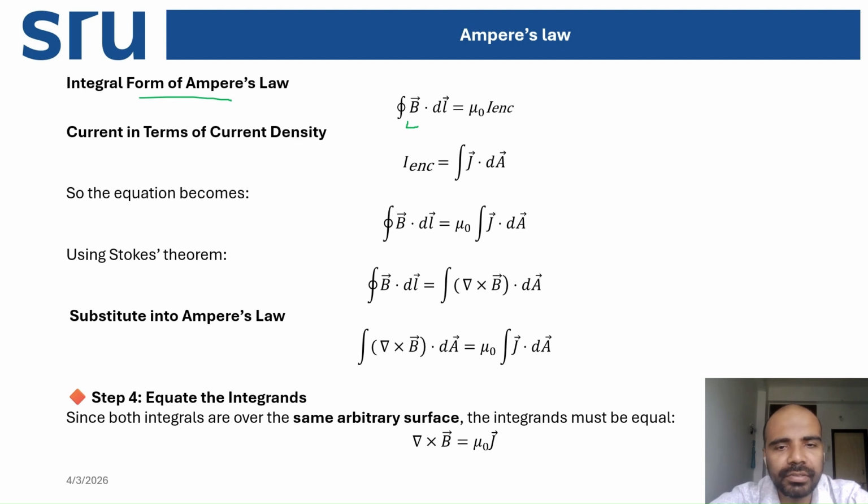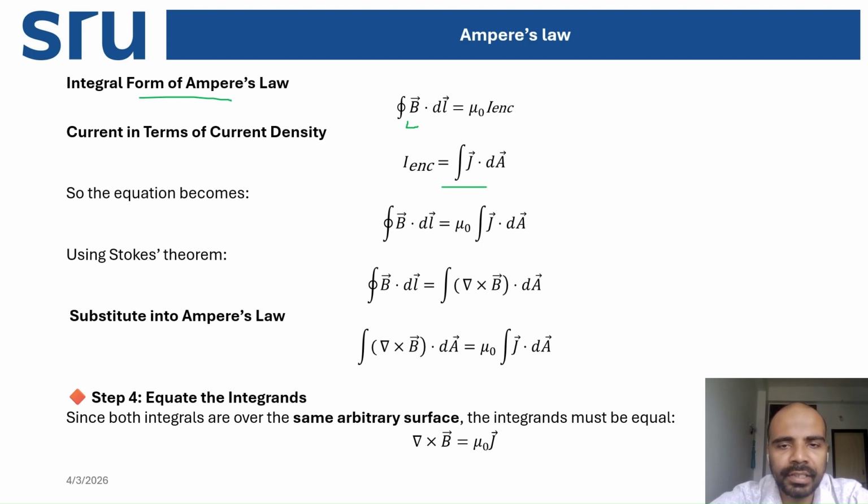So the I enclosed, that is the current enclosed by the closed path, can be represented as J dot dA. dA is the area of the closed path or area of the conductor, and J is the current density, right? So I enclosed equal to J dot dA, right? So the current can be expressed in terms of current density. So the current enclosed by the closed path is equal to J dot dA, right?